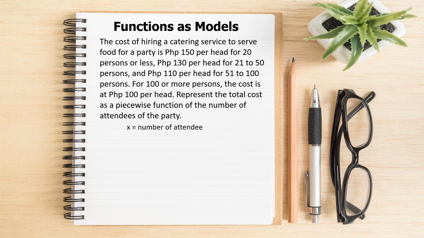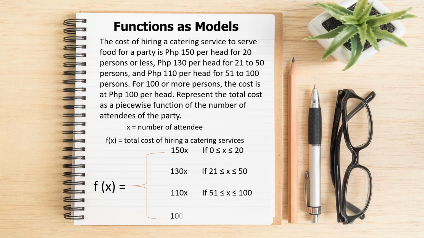We use x as the number of attendees, and f of x as the total cost of hiring a catering service. So f of x, since we have 4 conditions, we have 4 different formulas. So the domain will be divided into 4. For 0 to 20, 150 per head, so 150 times x, where x is the number of attendees.